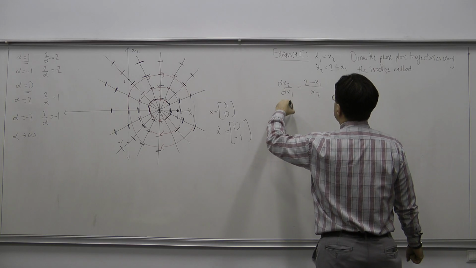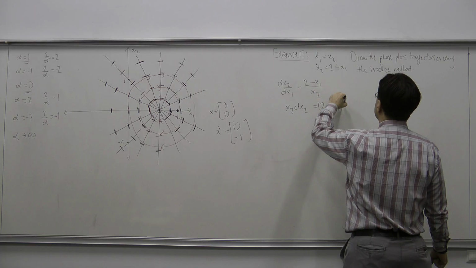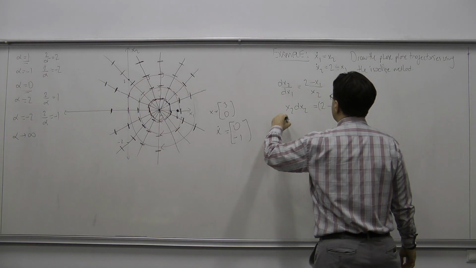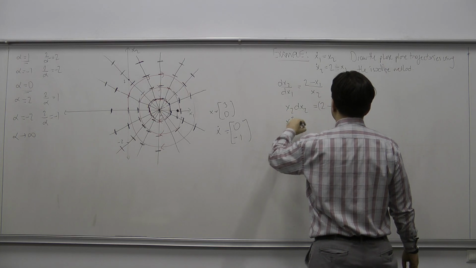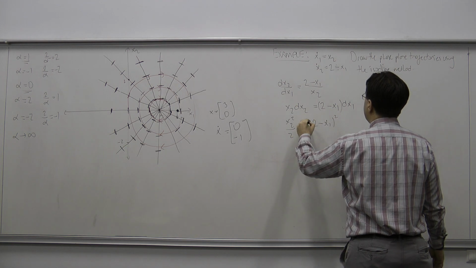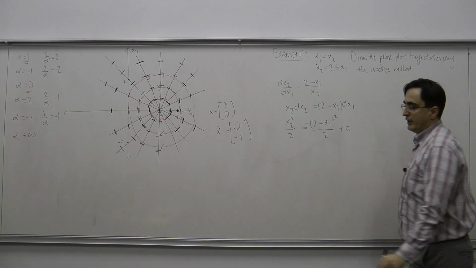So this is x2 dx2 is equal to 2 minus x1 dx1. And then integrate, okay? x2 square over 2 is equal to minus 2 minus x1 square over 2 plus c.